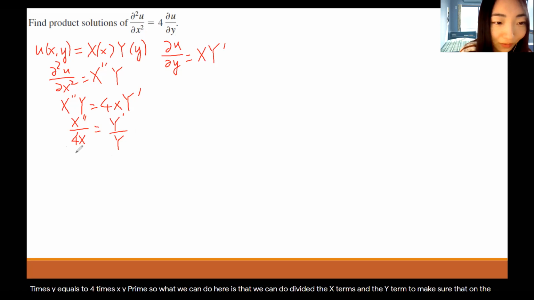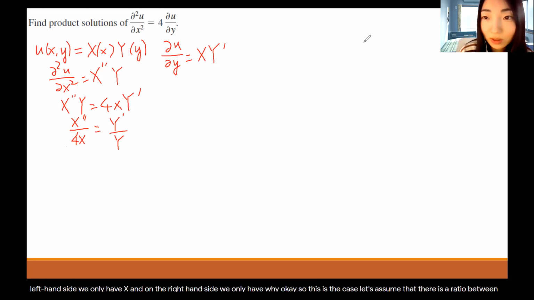Let's assume that there is a ratio between them. If your left-hand side only has x and the right-hand side only has y, is there any possibility that we get a non-constant ratio?